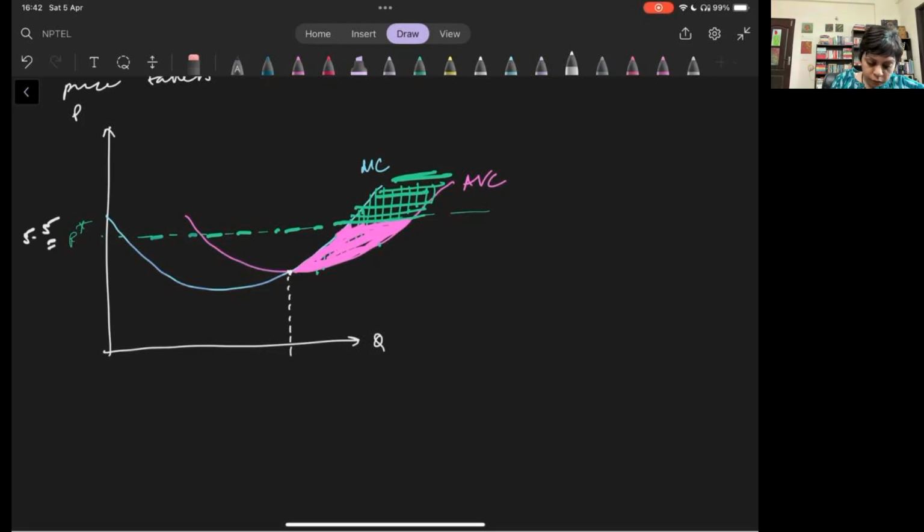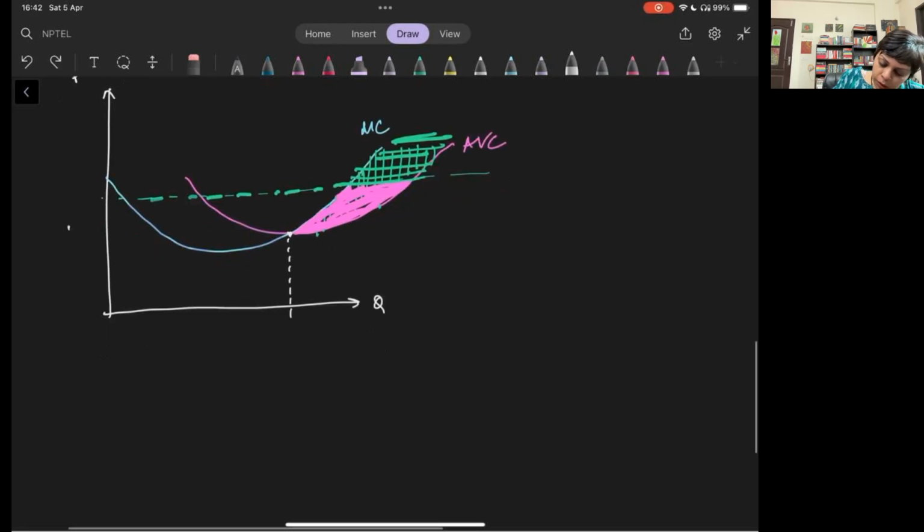This is actually not P, so let's change the name of this. This is P, but where we are is maybe somewhere here. So this is the value given to us. It's not very neat, but the diagram is like that.